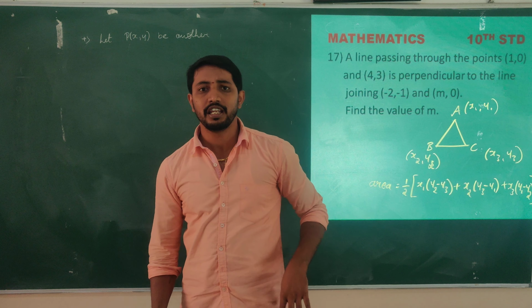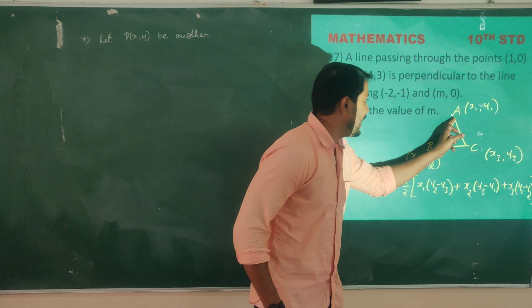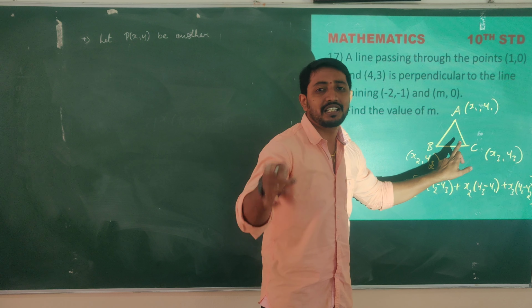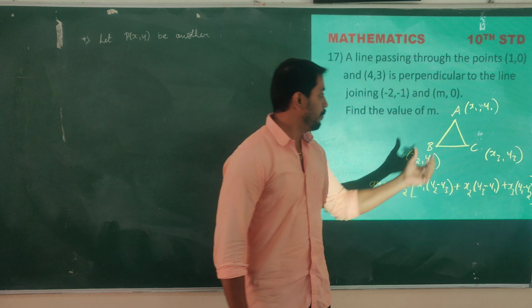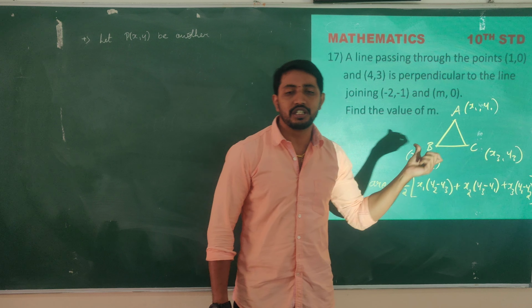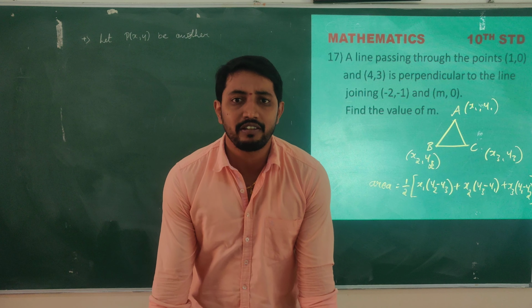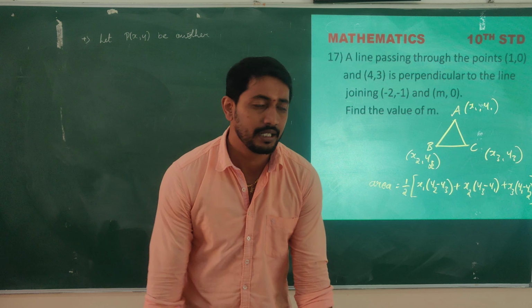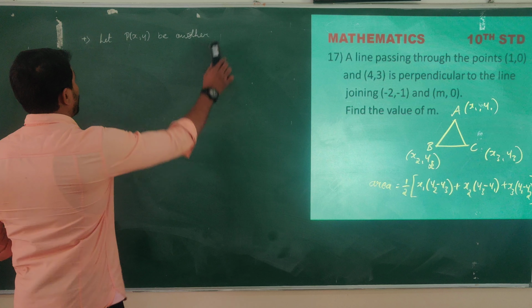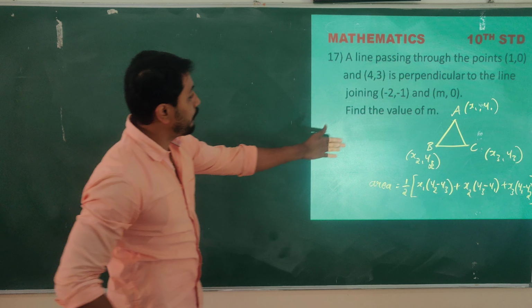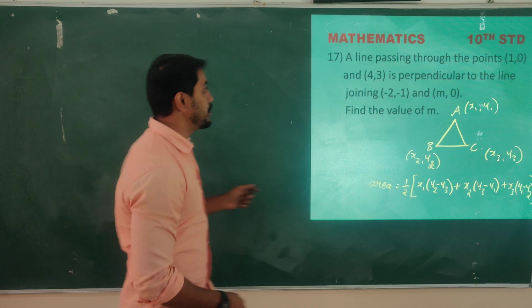To say that they lie on the same line, it is compulsory that the area of the triangle should be 0. That means by equating the area of the triangle to 0, we obtain the equation of a line passing through 2 points. Even to use this concept, we need the coordinates of 3 points.